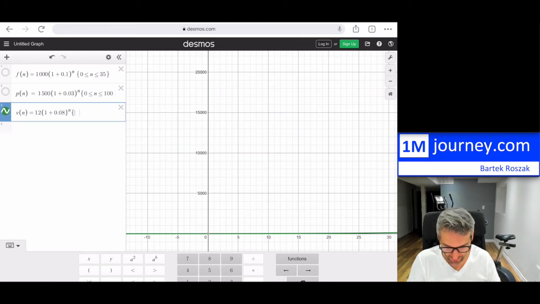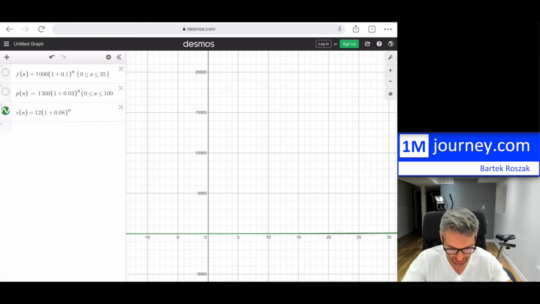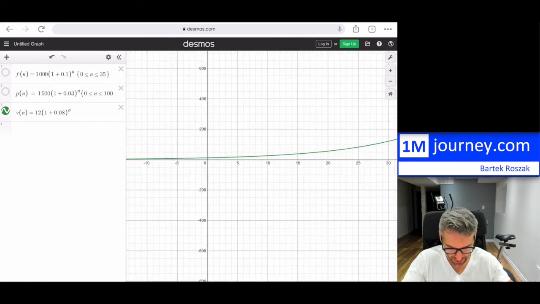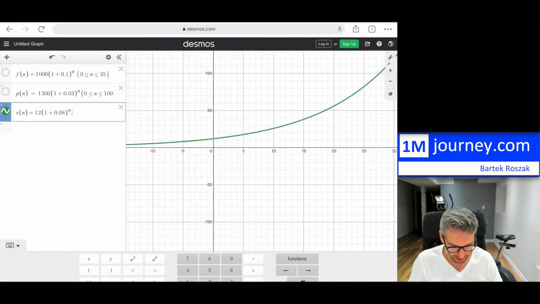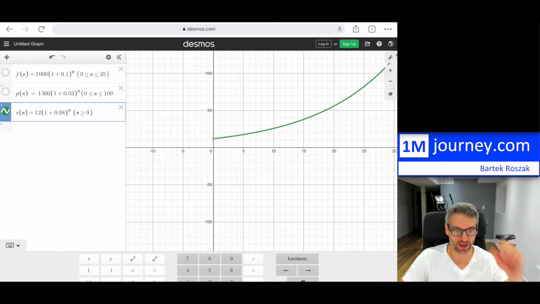Actually, let's not even block it up and let's see what happens. I guess the only restriction that I'll put is N has to be greater than or equal to 0, because we're not going to go into negative days here.